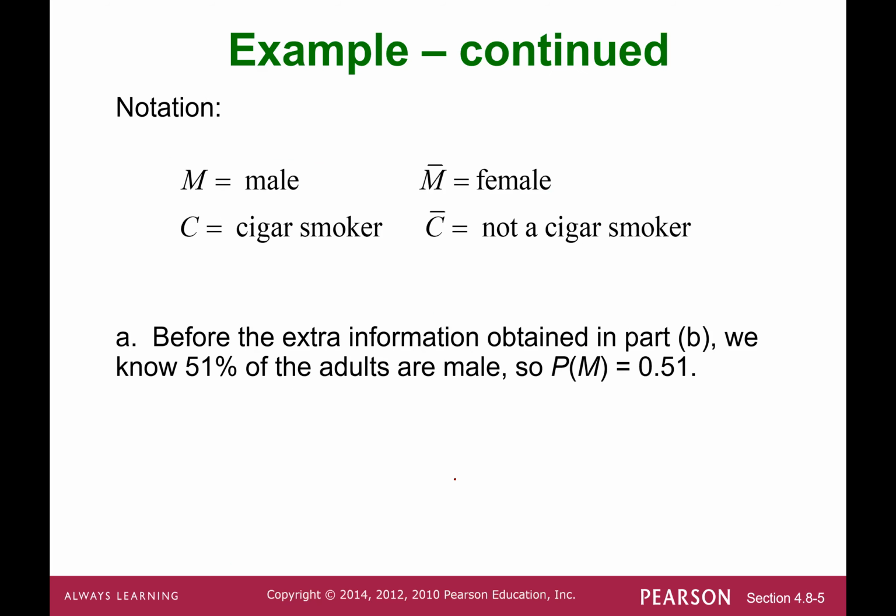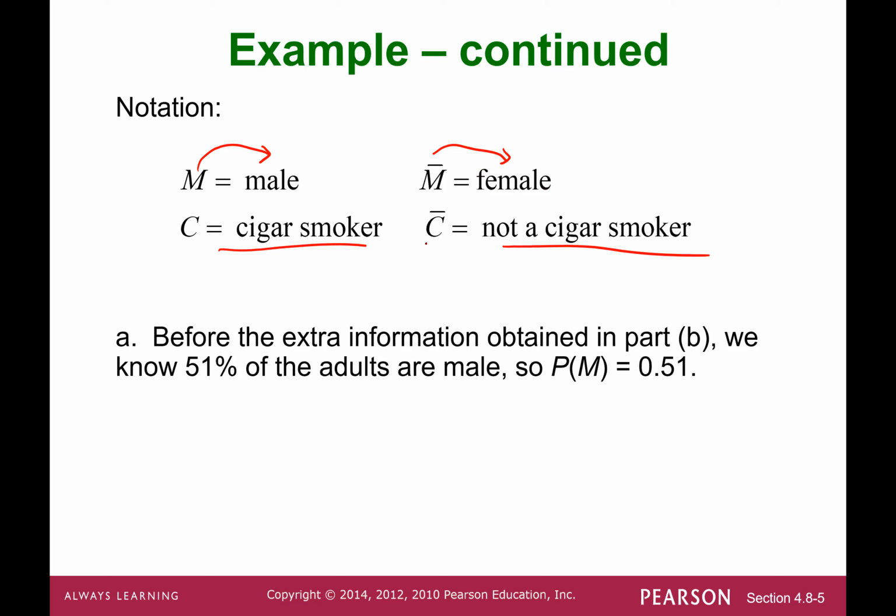So now, using M to represent male, M bar, meaning the complement event, will be female. So female will be the complement of male. And using C to represent cigar smoker, C bar, the complement of C, will be not a cigar smoker.